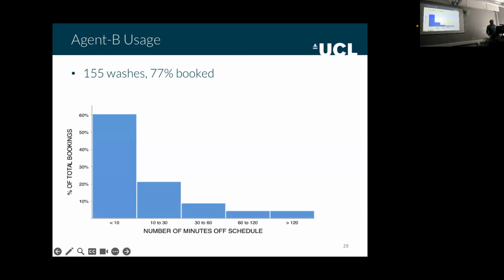So the first bar indicates that 60% of the times, people did their washing within 10 minutes of the time that they booked it. And if you put together the first and second bar, 80% of the bookings were done within half an hour of the time that they were made for. So again, this suggests that participants took the trial and the system quite seriously.